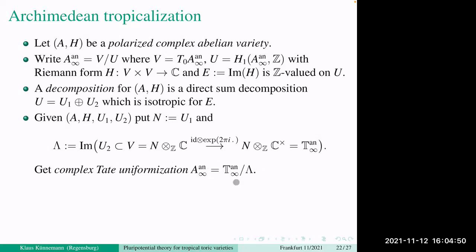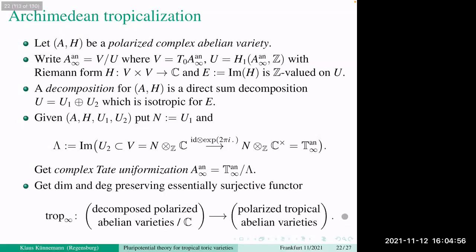Then you can proceed precisely as in the non-Archimedean situation, and you get again a dimension and degree preserving essentially surjective functor. So whenever you have a decomposed polarized abelian variety over C, you get a polarized tropical abelian variety. But you need this decomposition in order to make this really canonical.